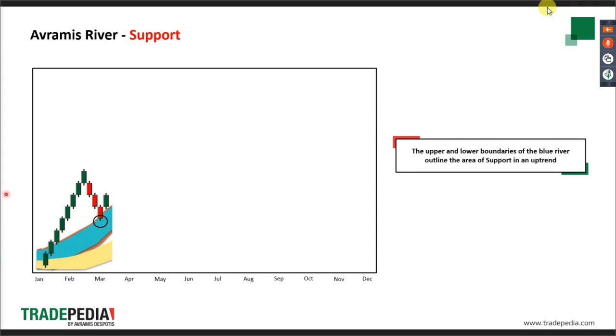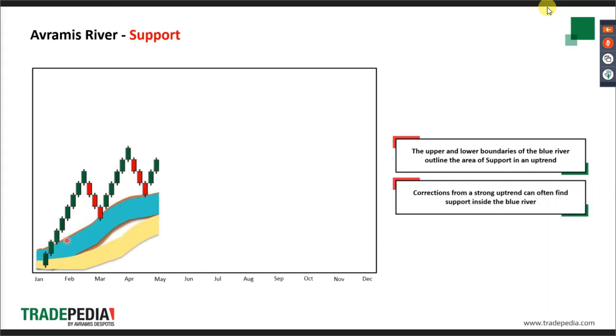So the blue river can be used for rebounding techniques during an ongoing trend. So let's say if you saw the market going up really well, and then you're missing out on all this uptrend because you missed the initial entry, don't worry, you can use this blue river as your rebound.